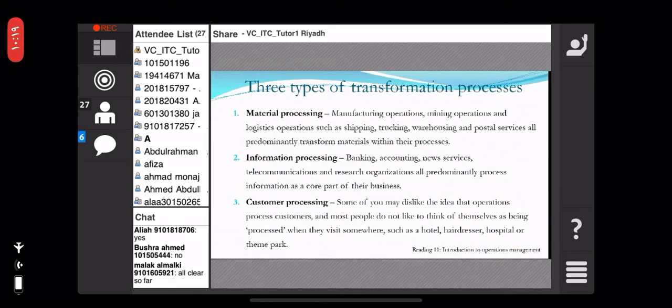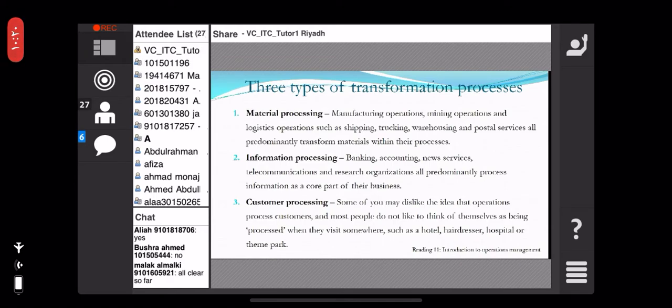So material processing, any manufacturing operations, any making of something. How to conduct manufacturing, the activities inside the organizations that are manufacturing.